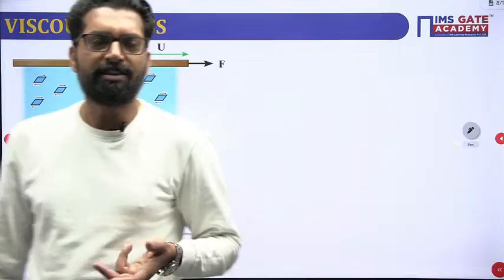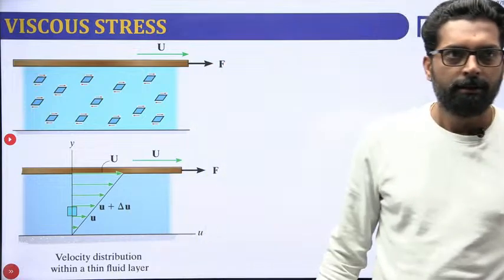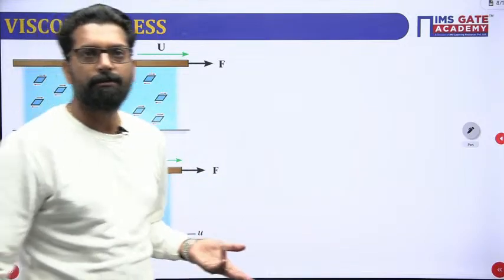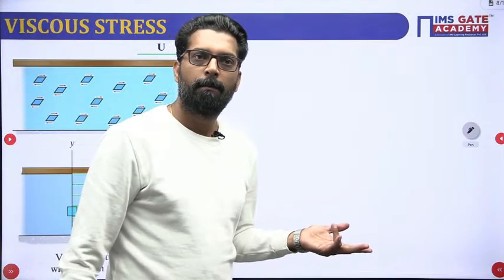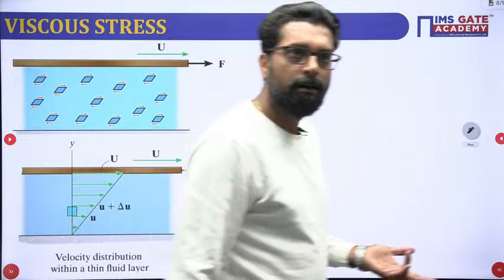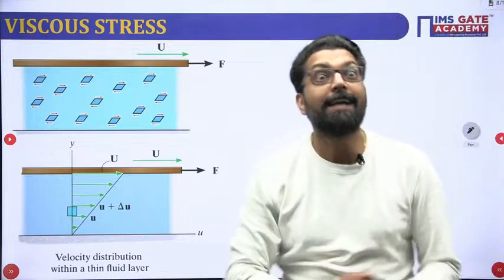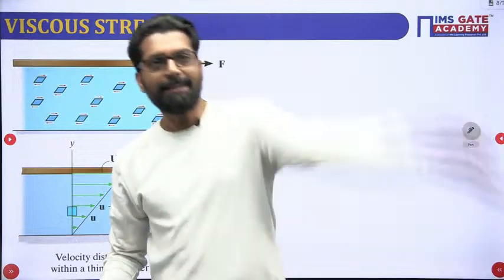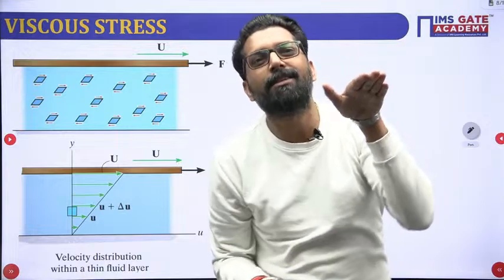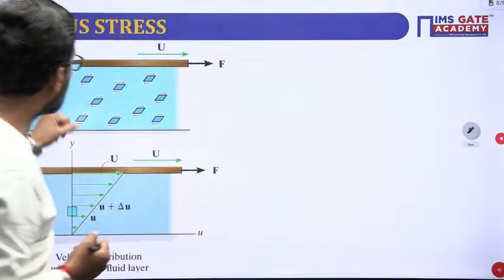If there is a deformation, there must be a resistance. If there is a resistance, there must be a diffusion. If there is a diffusion, there must be a viscosity. That is clear. So the higher the diffusion propagation, the higher the boundary layer growth, and the higher the region of the viscous. So within the boundary layer there is a viscous region. That's why. Clear? So how to define the viscous stresses?